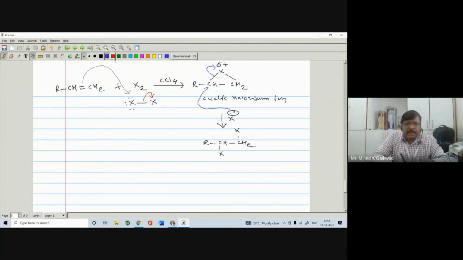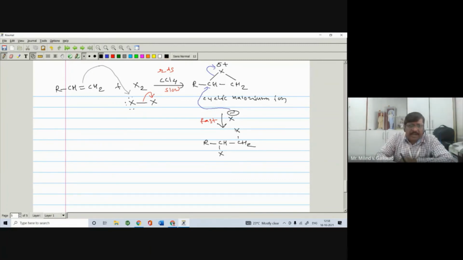This is the first step. The formation of the cyclic halonium ion is the slow step, the RDS, rate determining step. And the second step, attack of the nucleophile, is the fast step. So this is the mechanism of the reaction, right?